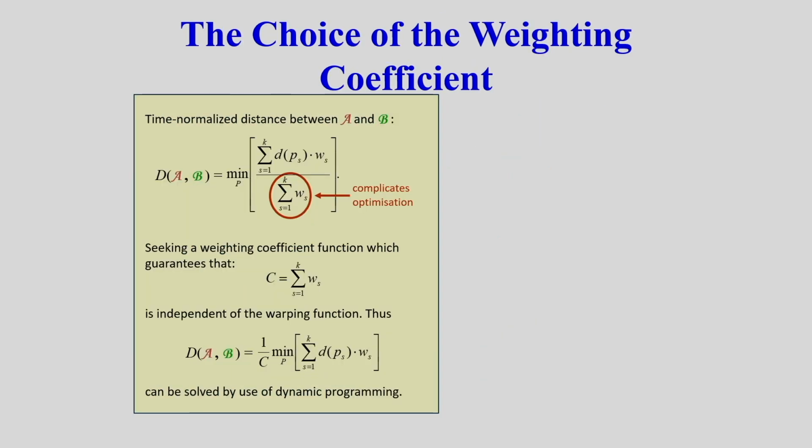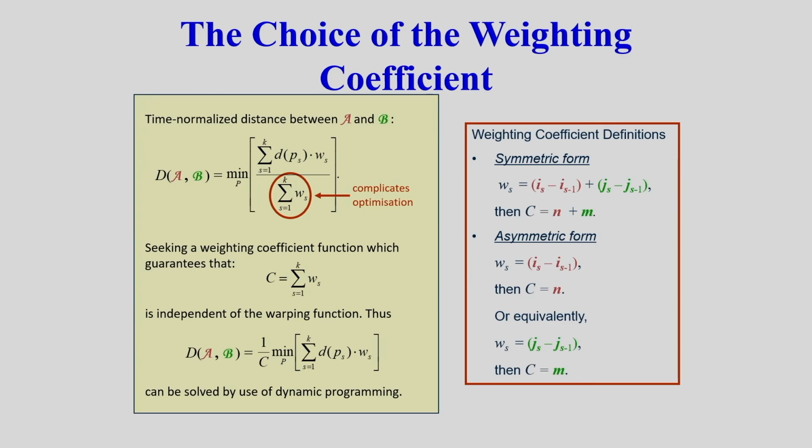So here I am considering the time normalized distance between A and B, and this distance is normalized by the summation of the warping coefficients.